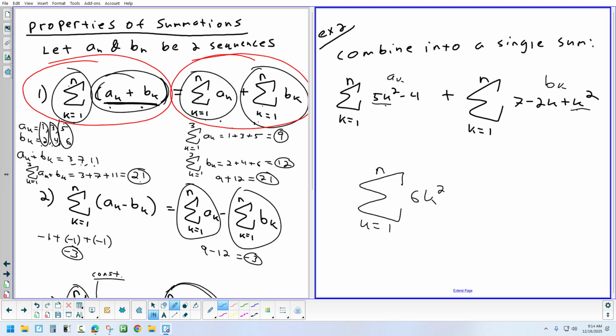The next one, we've got a minus 4. Is there anything I can combine in the other one with the minus 4? Yep, I've got a plus 7. What's negative 4 plus 7? So that's 3. I'm just going to put that there. And then the minus 2k. Is there anything I can combine that with? No, didn't have anything.